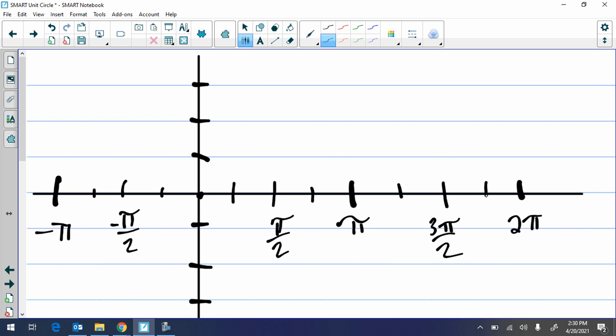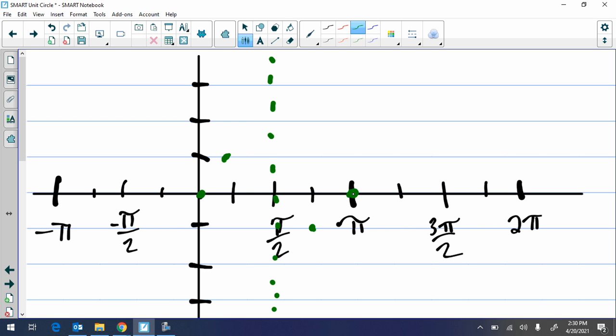Okay, so rather than going back and forth, I've got my unit circle sitting here in front of me, and I'm just going to go ahead and plot these points. So at 0, it's 0. At pi over 4, it's 1. At pi over 2, it's undefined. At 3 pi over 4, it's -1. At pi, it's 0.